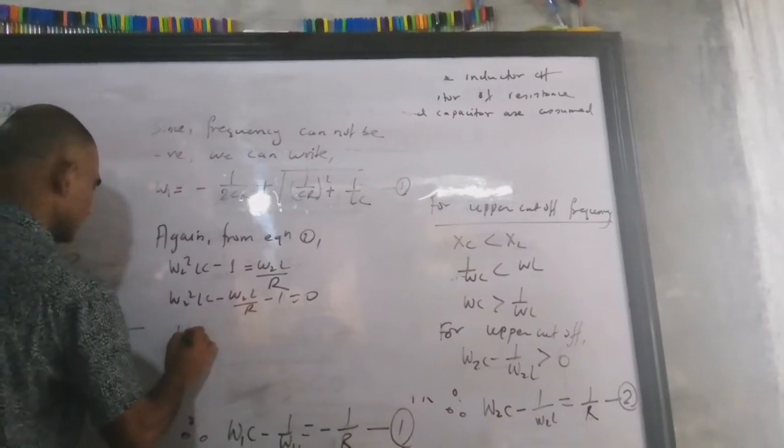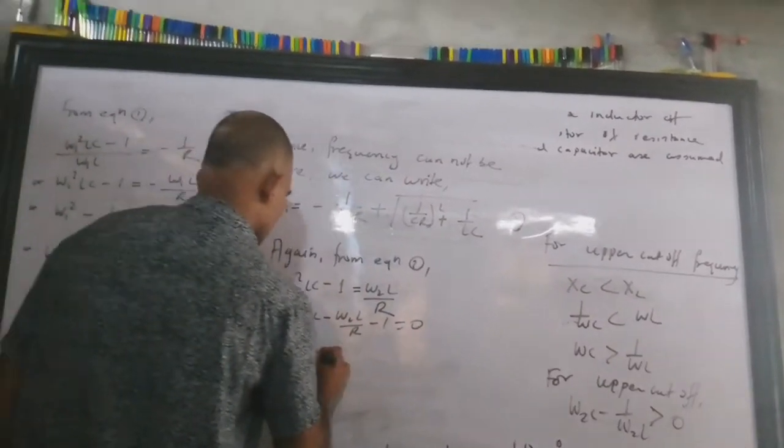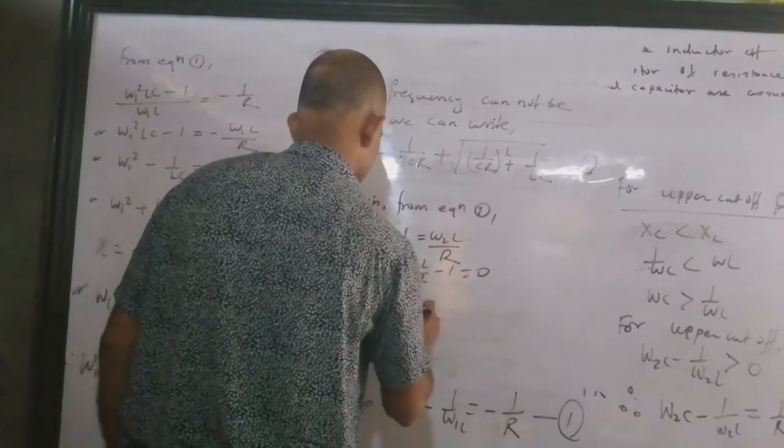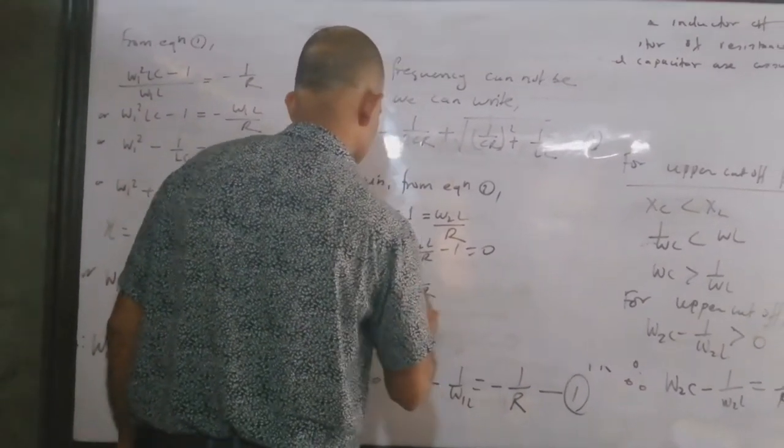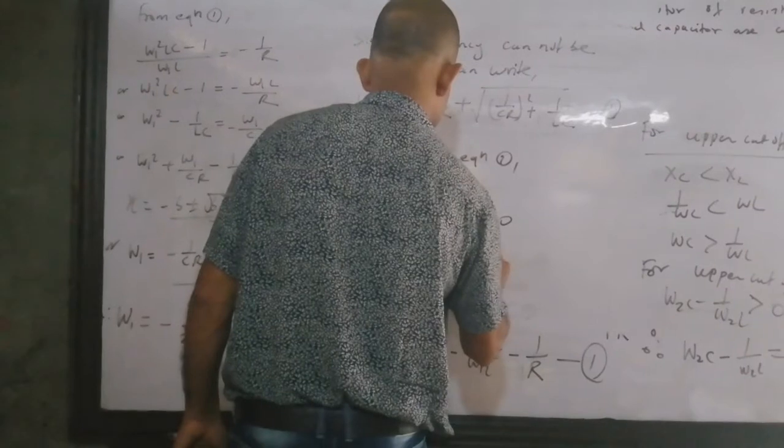Again divide by LC, and we get omega^2 a^2 minus omega^2 upon CR minus 1 by LC equals 0.